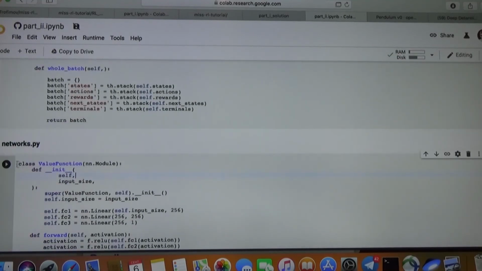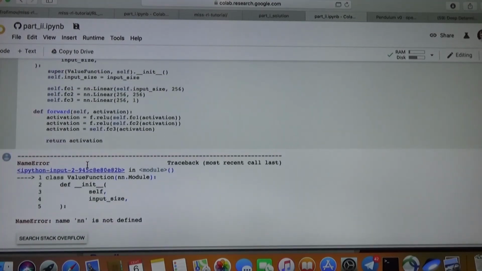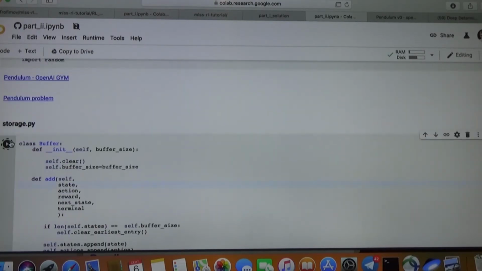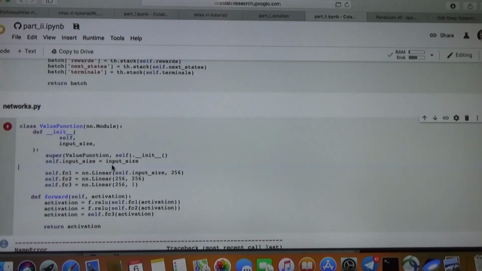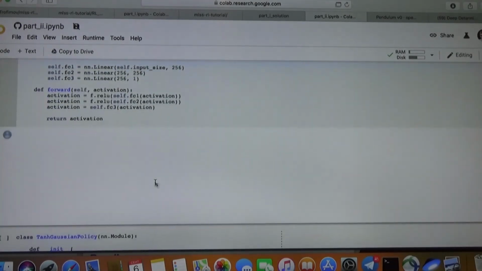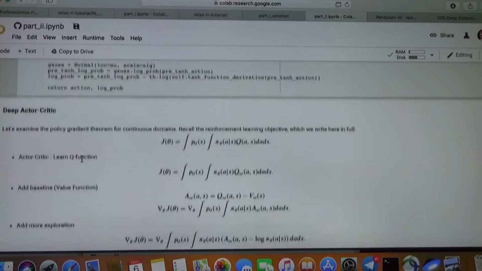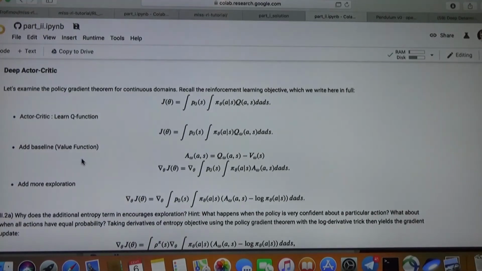For simplicity, I have included them directly in the notebook to prevent possible errors. Okay, it should be fine now. And we are going to solve this problem with the deep actor-critic method.